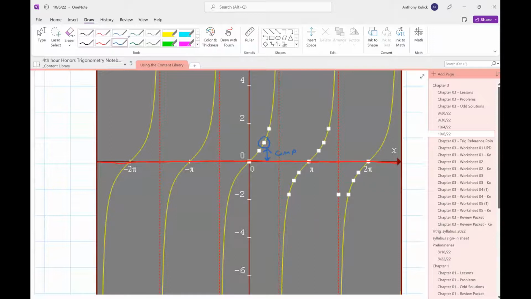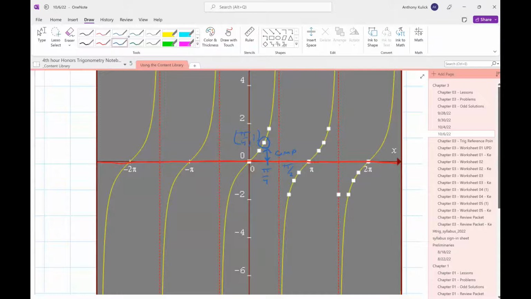Yep, the middle dot. That's pi over 4, 1 is what that point is. Notice, where is that? That's halfway in between the midline point and then the asymptote.